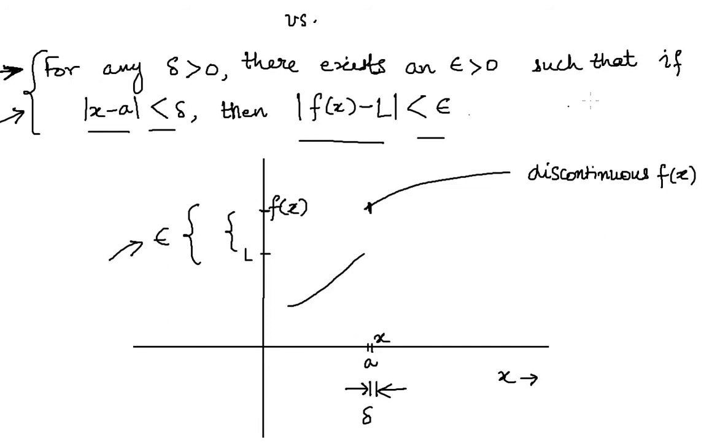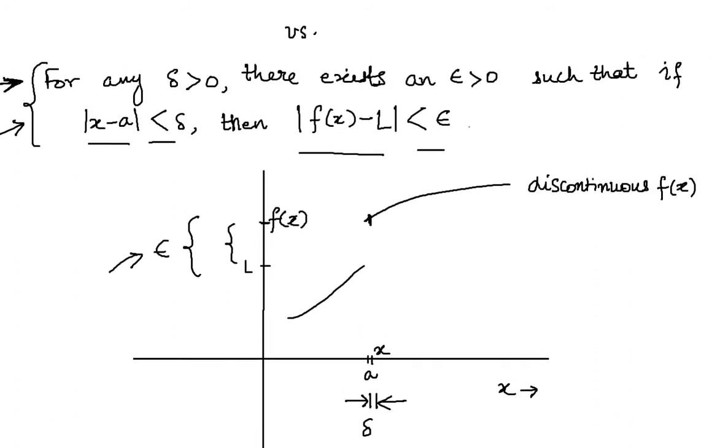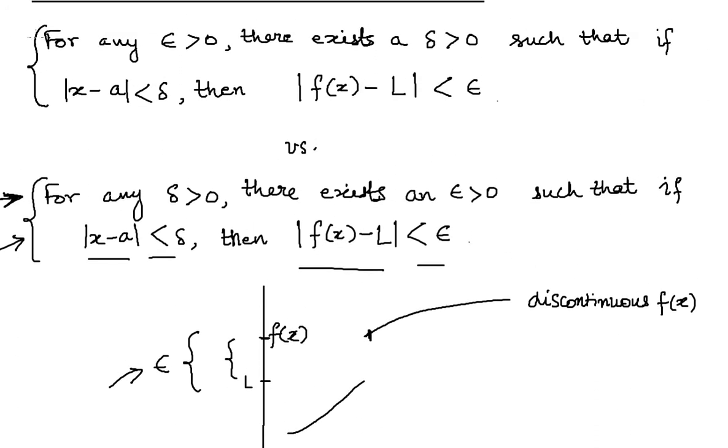So this is probably why the definition is not this way, it is this one, right? So let's look at the original definition. For any epsilon greater than 0, there exists a delta greater than 0 such that if the absolute value of x minus a is less than delta, then the absolute value of f of x minus L is less than epsilon.